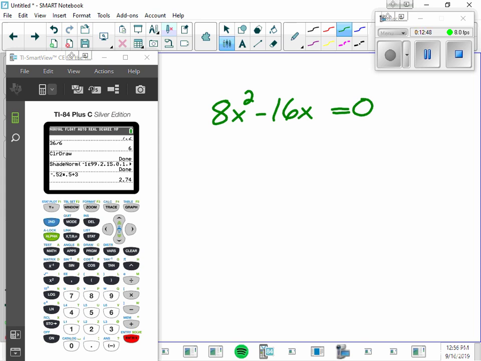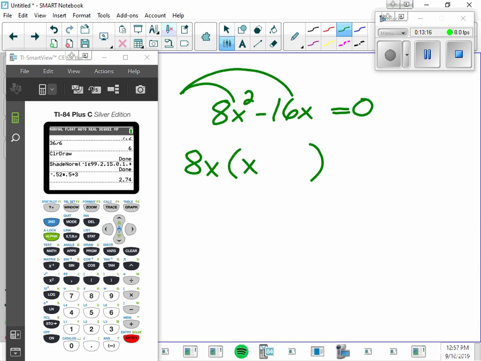I need to create the parentheses. Can I pull anything out? What number goes into 8x squared and into -16x? 2 does? 8 does. 8's the biggest one. So I'm going to yank out 8x. And what's left?